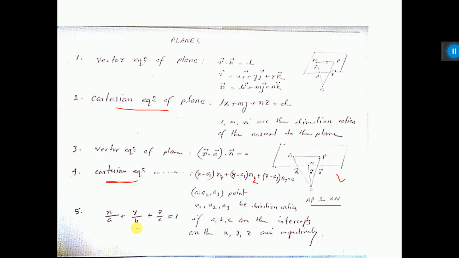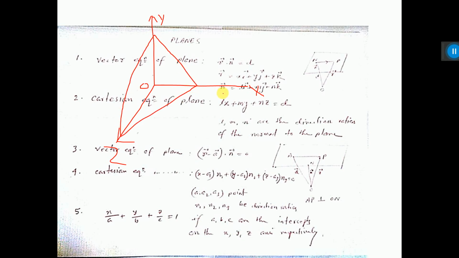Now see, this is another equation. Let's say this is the axis, this is OX, this is OY, and this is OZ. Then the intercepts form, that is one equation, it is going like this.